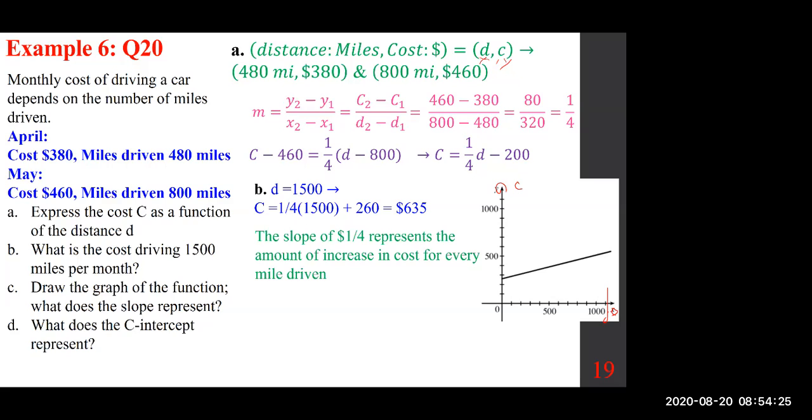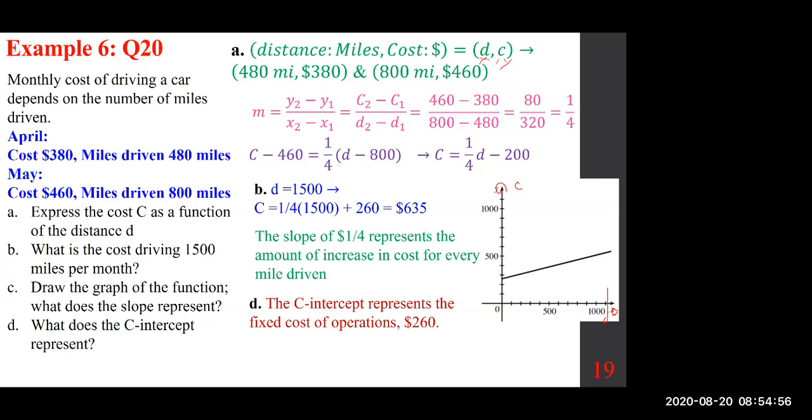The slope is 1/4, okay? So 1/4 of a dollar represents the amount of increase in cost for every mile driven. So for every mile, the cost goes up by 1/4. So if we go 4 miles, it goes up by $1. The C intercept, or the y intercept, represents the fixed cost of operations. You're driving the car, there are some fixed costs involved.